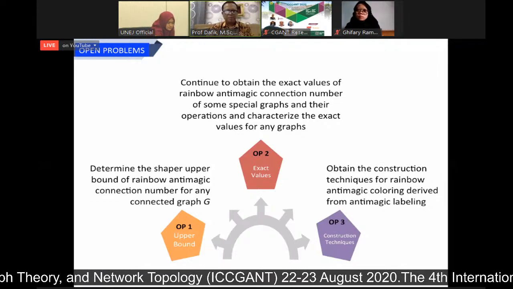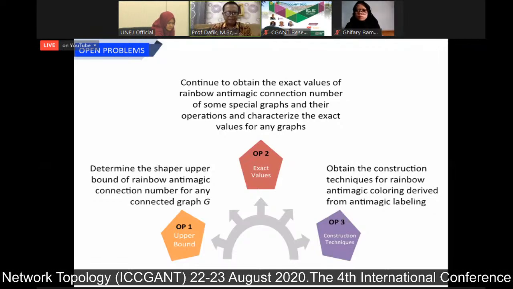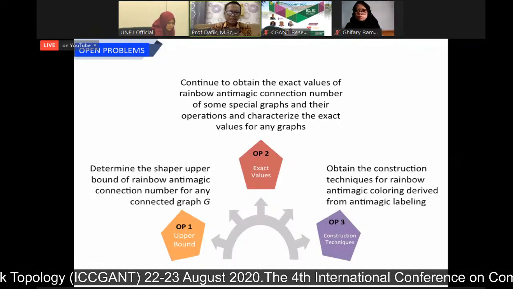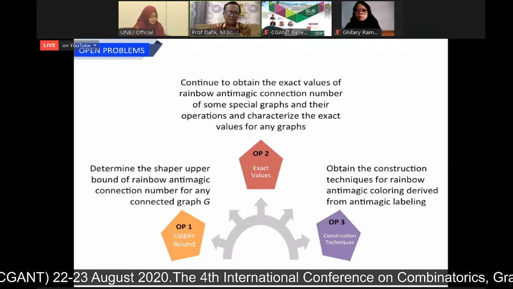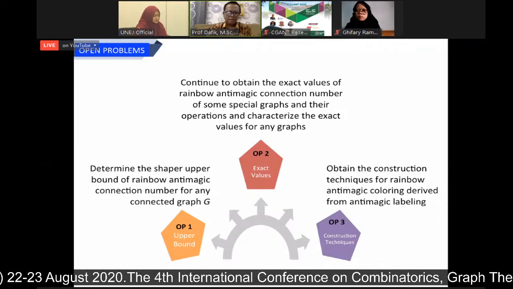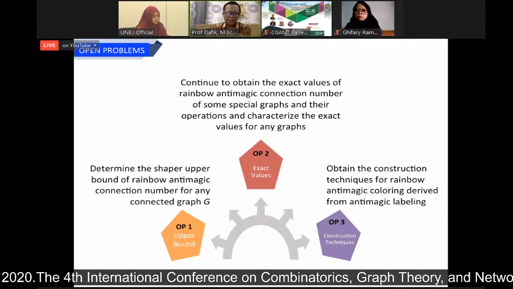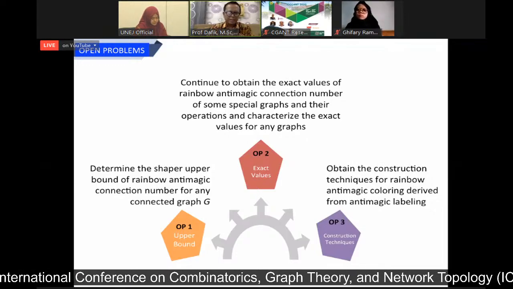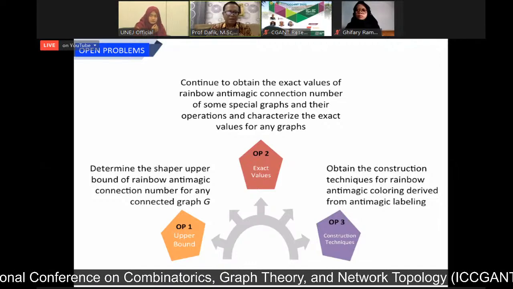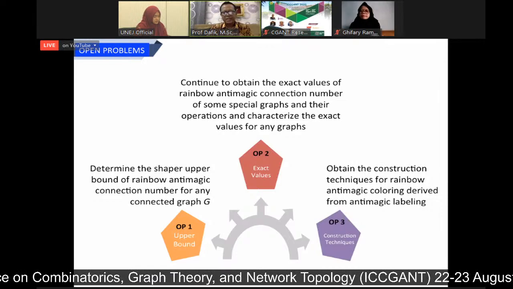The first open problem, of course, is that normally people starting to study a certain notion in graph theory start by finding the upper bound or lower bound. So we have open problem one: determine the upper bound of the rainbow anti-magic connection number for any connected graph.